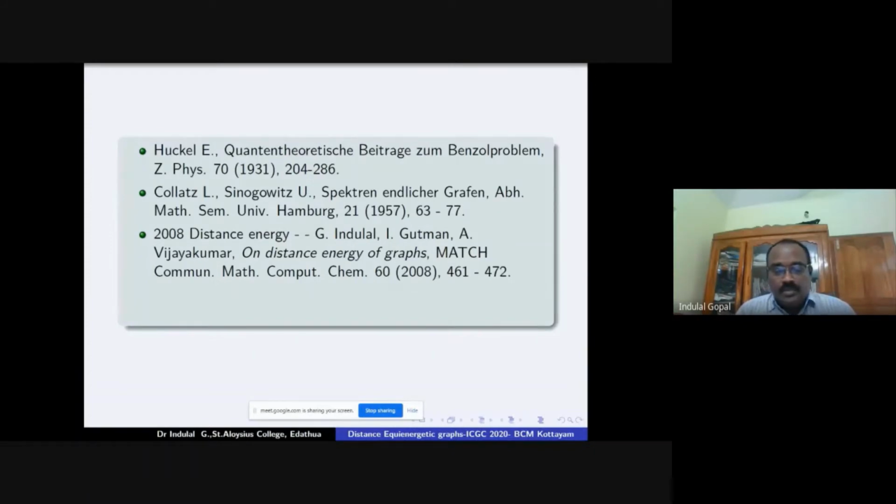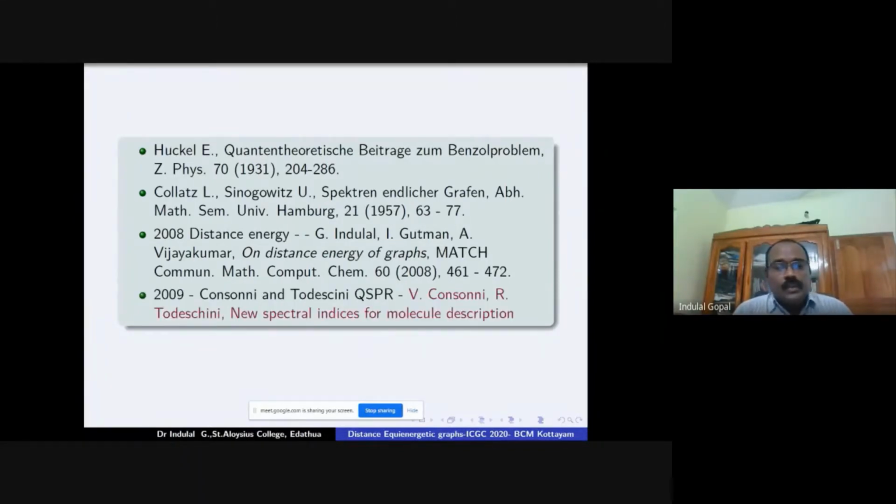And a testimony to the motivation of this definition of distance energy was established by Roberto Todeschini and Consonni in the very next year, where they proved that this parameter, distance energy, is a molecular descriptor, as the best univariate models for the motor octane number of the octane isomers and the water solubility of polychlorobiphenyls.